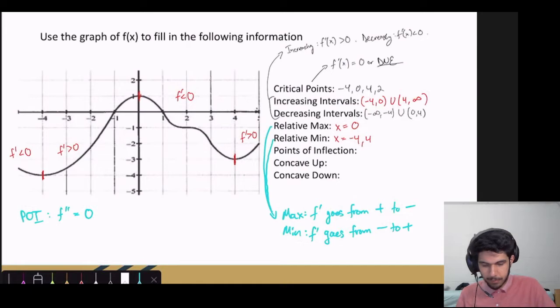For this, we're looking at concavity. Concavity really comes down to how you see the graph. And you should be thinking, as I explained in our lesson on concavity, that you think about concavity as going into a cave.